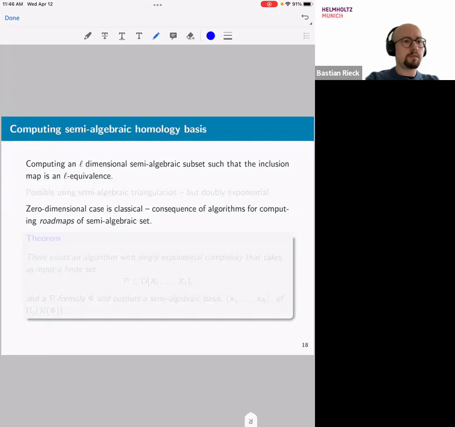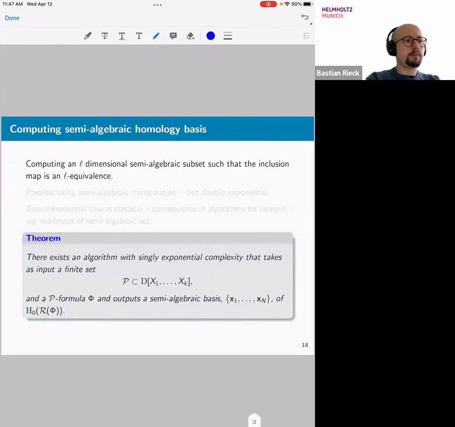It's one of the very first problems that one deals with in algorithmic semi-algebraic geometry of computing a set of points which meets every connected component in exactly one point. And there exists a singly exponential complexity algorithm that does that. And you can interpret this set of points as a semi-algebraic basis of the zero-eth homology of the given semi-algebraic set.